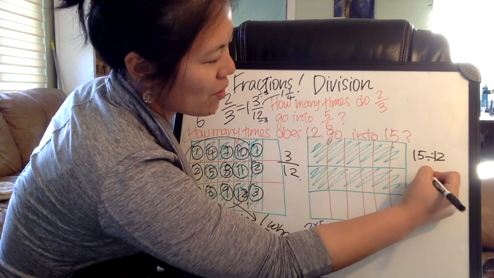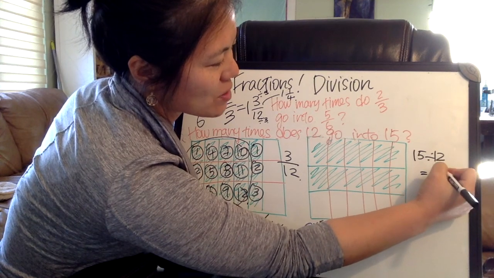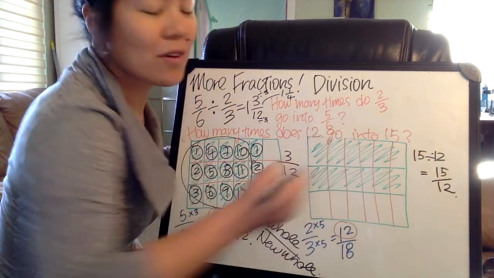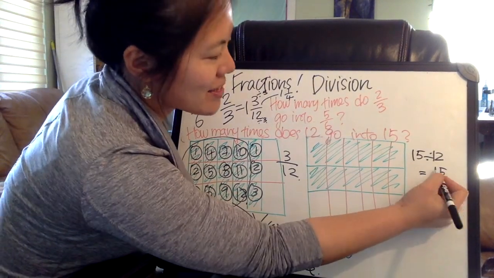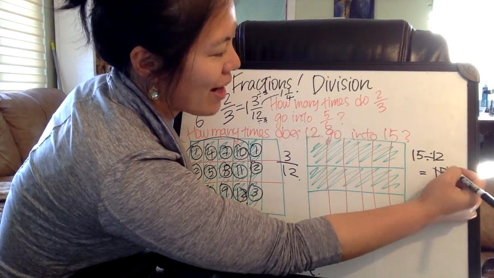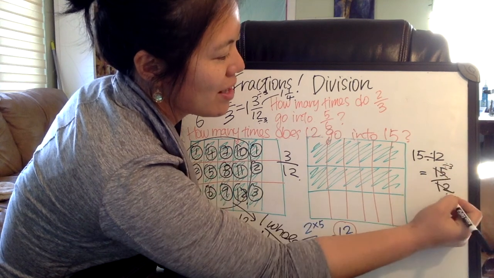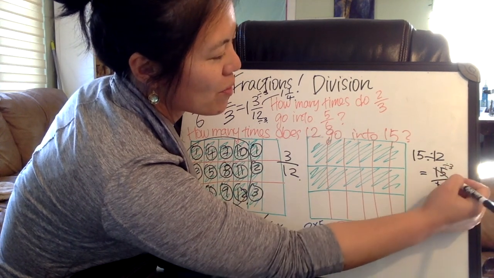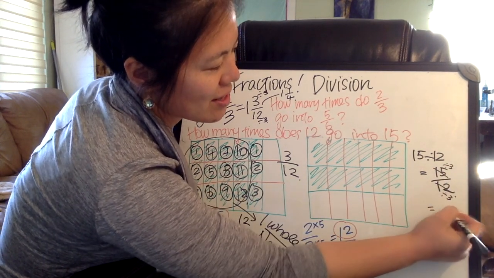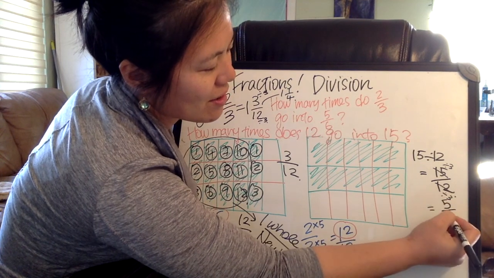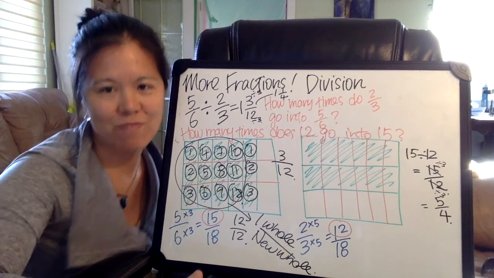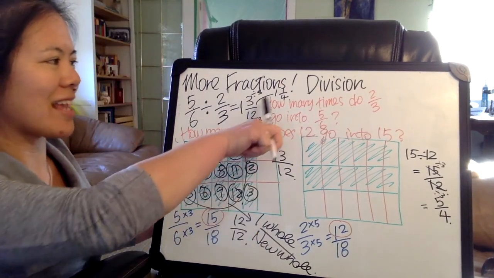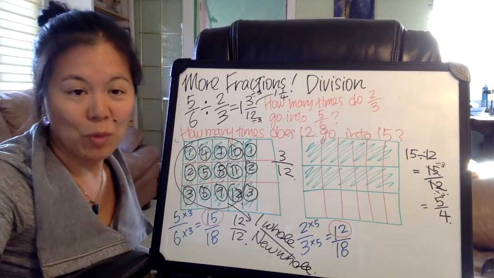So I can write it like this as well, 15/12. And I can simplify this as well. I know I can divide it by 3, which gives us 5/4. And it's the same as 1 1/4.